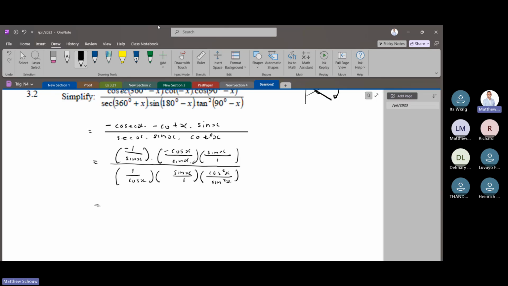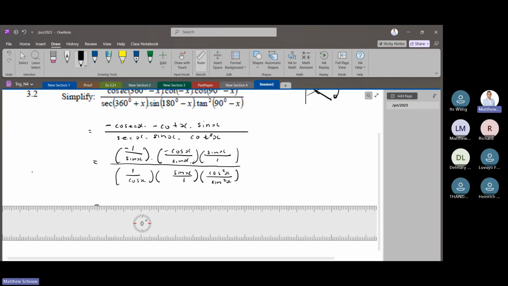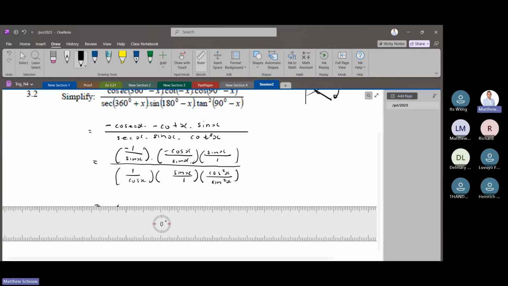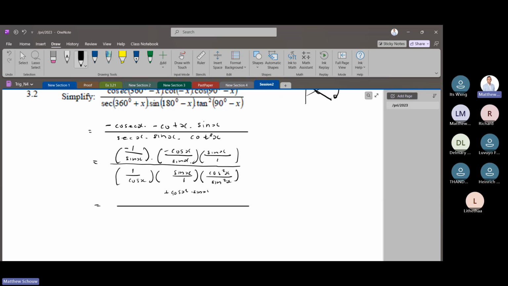With my rule again, we're going to multiply all the numerators and all the denominators. So on top here, that's a negative, you will have a positive cos x sine x, that is 1 times negative cos x times sine.